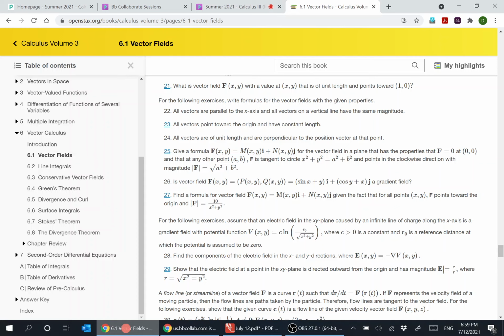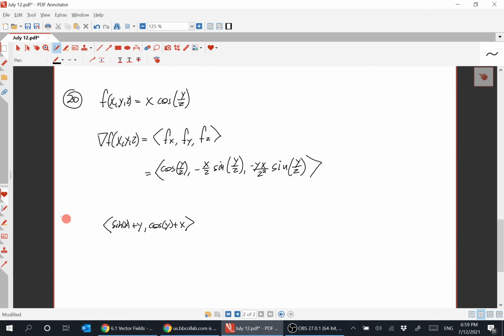There's 26. So this is F. Is this the gradient of f(x, y) for some f(x, y)?